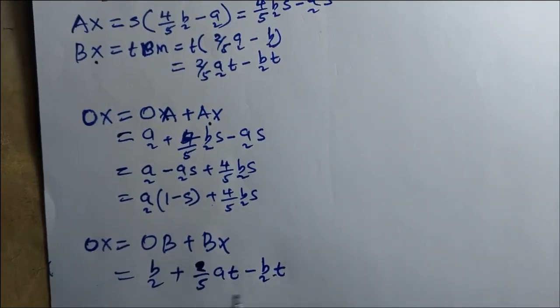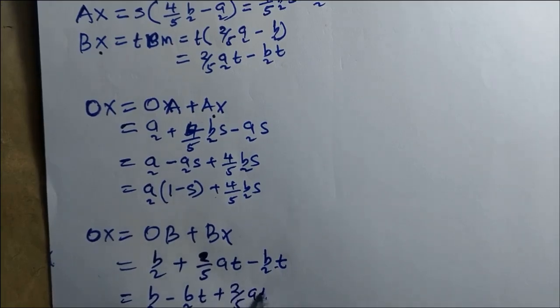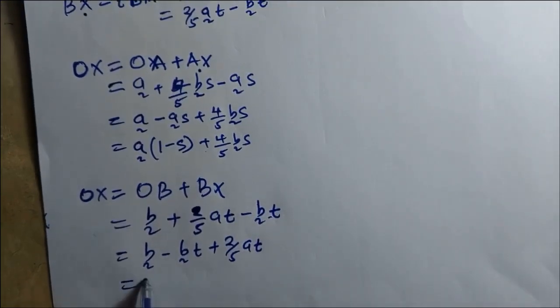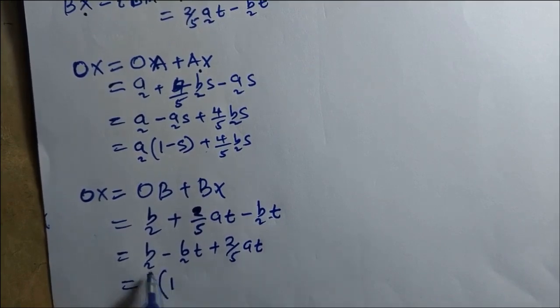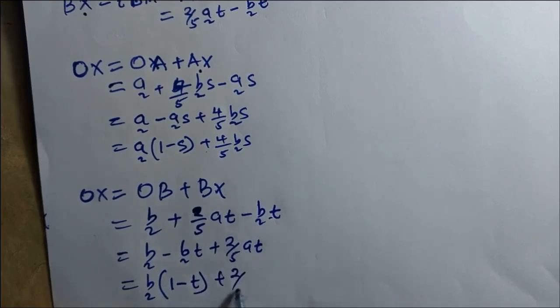So bringing this together we have B minus BT plus 2 over 5 AT, so this is B into 1 minus T plus 2 over 5 AT.